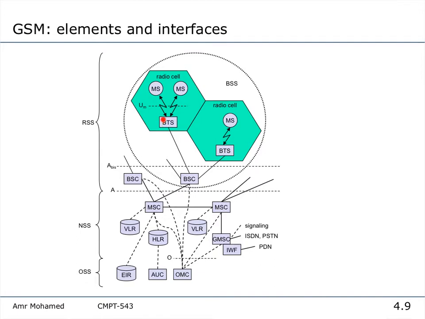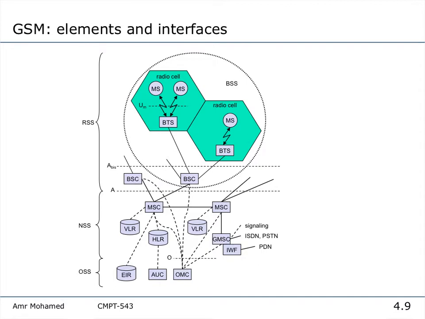So the base station transceiver with multiple mobile stations forms what we call a cell, right? The cell is one base station with multiple mobile stations in a small geographical area. From one cell to another, we use space diversity, right?